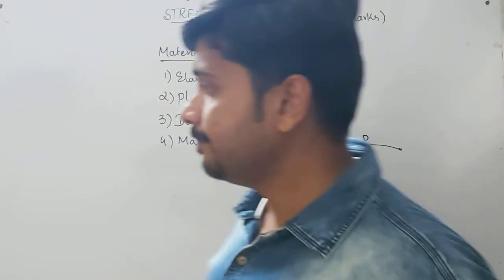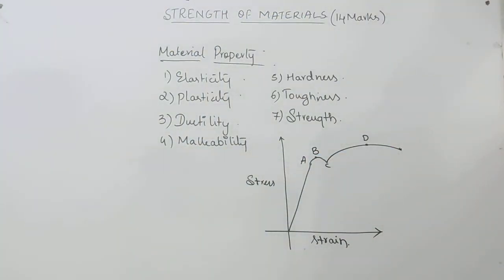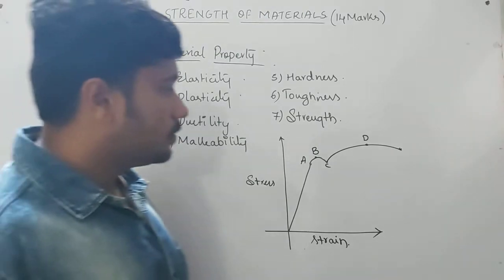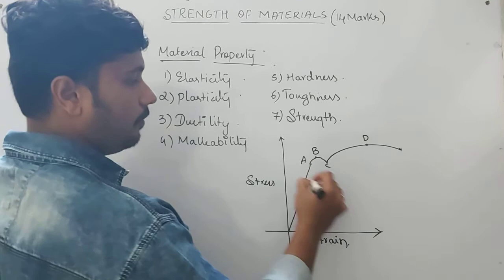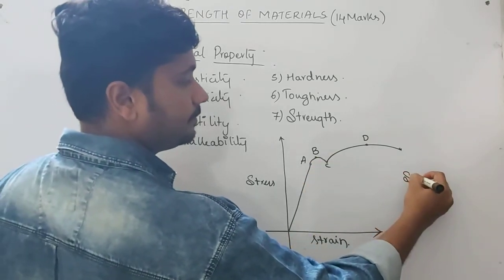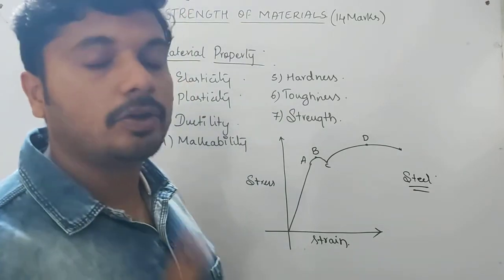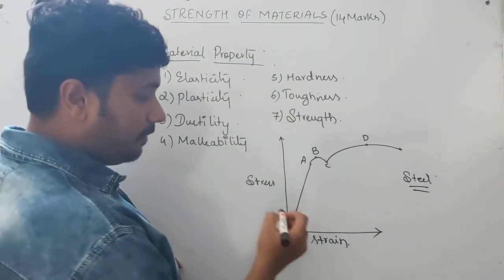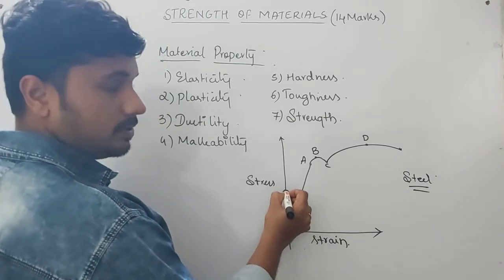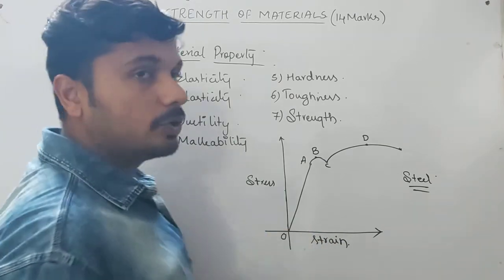Here you can see the stress strain curve. This stress strain curve is for steel. This curve is for steel, not for concrete. So what happens? This is the point O. If I go on increasing the stress, what happens?